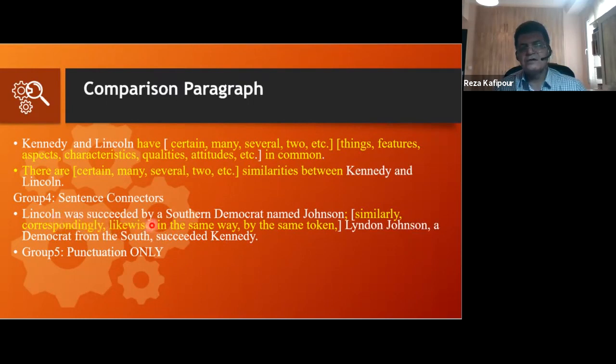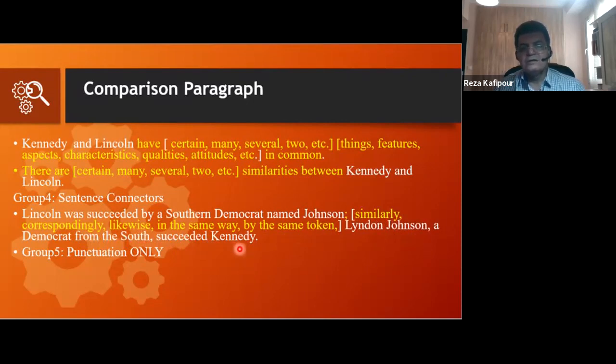Lincoln was succeeded by a Southern Democrat named Johnson. Because of the sentence connector, before it we have a semicolon, and after the sentence connector we need a comma, as we said in other types of paragraph. So semicolon, similarly, comma, Lyndon Johnson, a Democrat from the South, succeeded Kennedy.